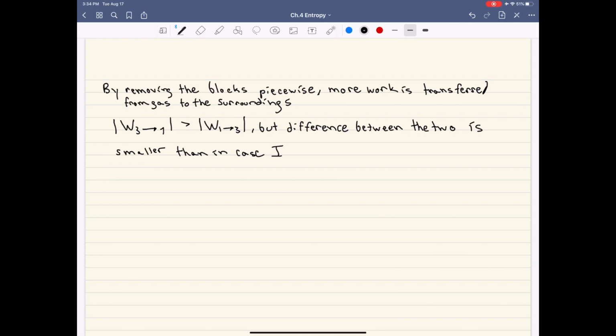And essentially, by removing the mass in a piecewise manner, what happens is we get a smaller energy penalty to run or reverse the process.